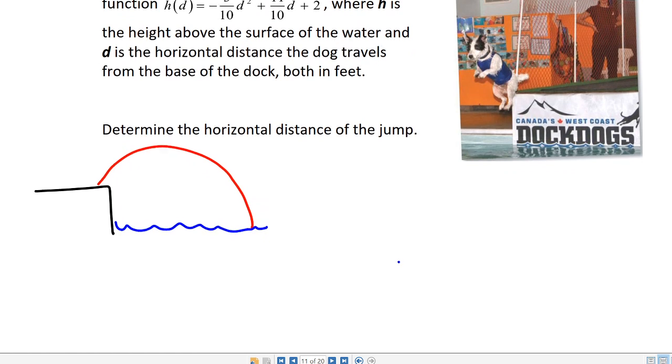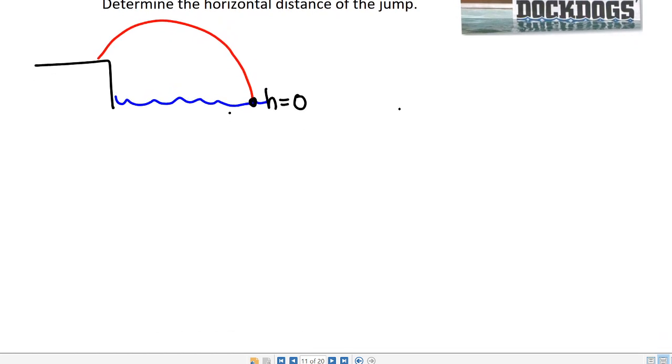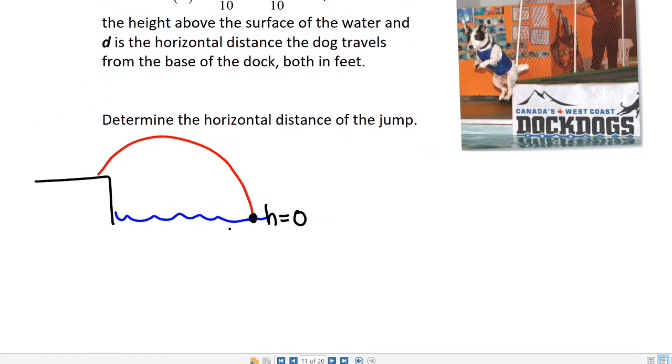Okay. So the height is the height above the surface of the water. So when he touches the water at this point, we know that our height is equal to 0. That's going to help us with our equation because I'm just going to rewrite it here.